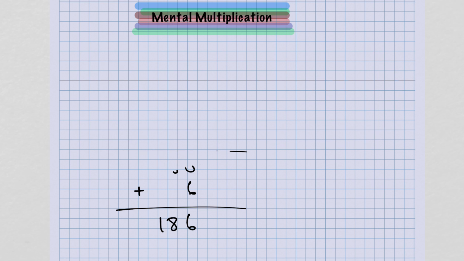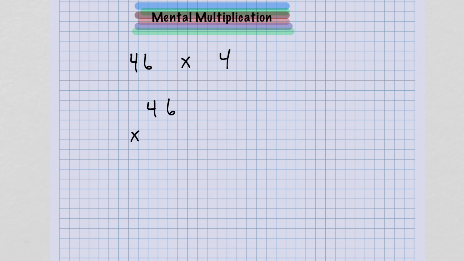Let's see what else we could come up with here. I have this one, 46 times 4. Let's see if we could do this mental arithmetic style. 46 times 4. What is 4 times 40?